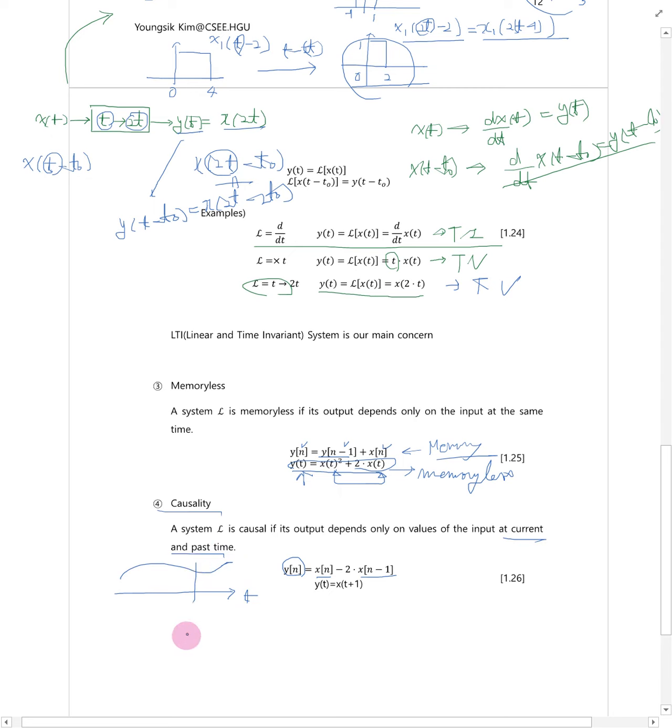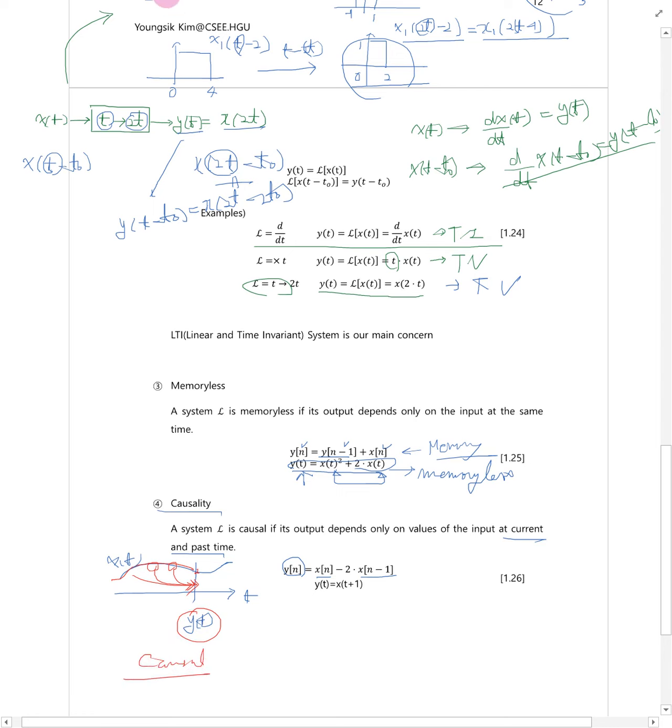If we measure the output at this time, then this is the input. All the current value and previous value means this is the current input x(t), and the past x(t) is this one. Only the past value affects the output. It means cause and effect, and this is called a causal system.